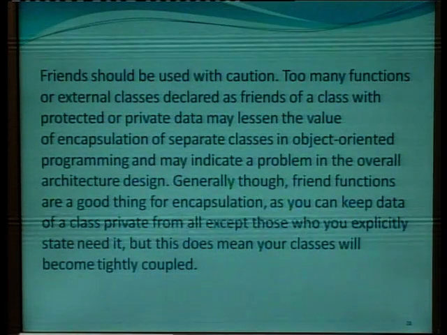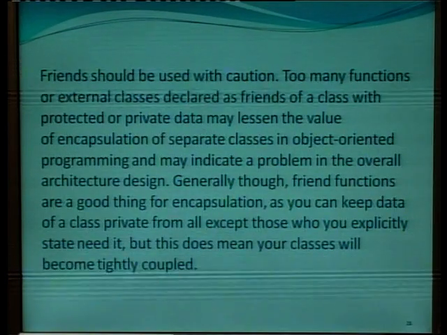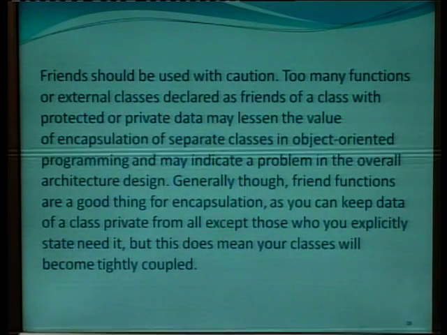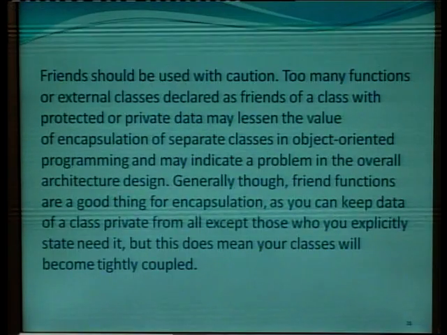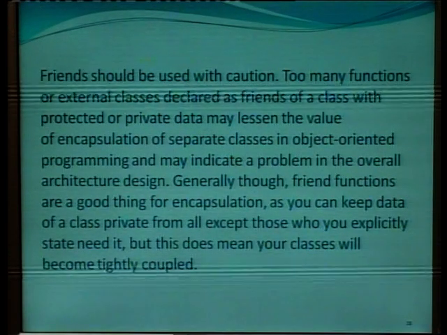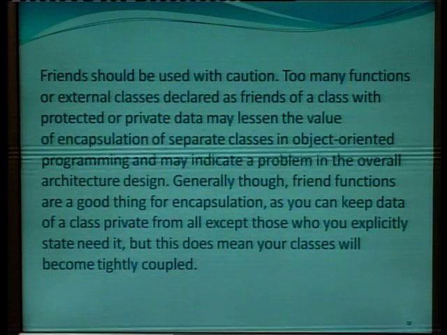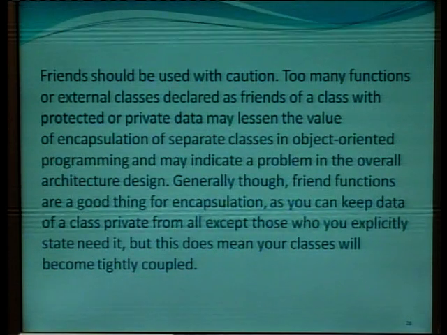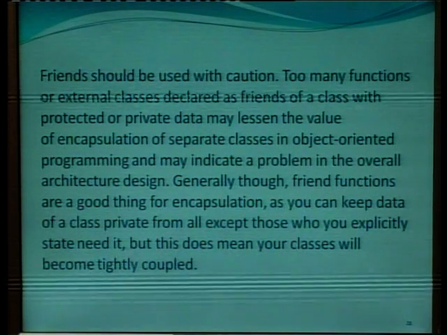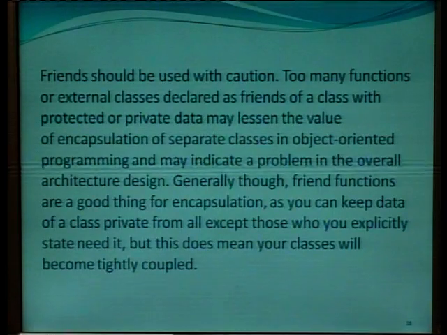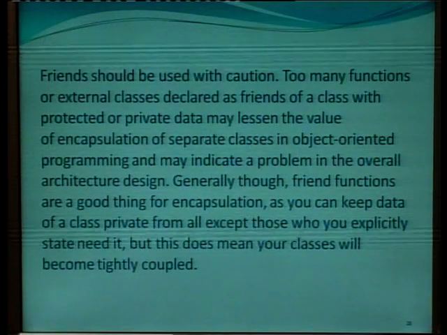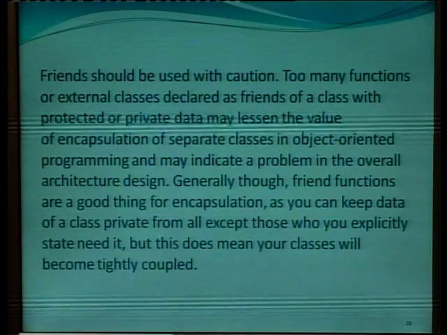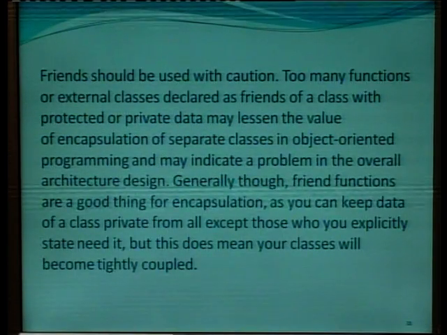Too many functions or external classes declared as friends of a class with protected or private data may lessen the value of encapsulation of separate classes in object oriented programming and may indicate a problem in the overall architecture design.